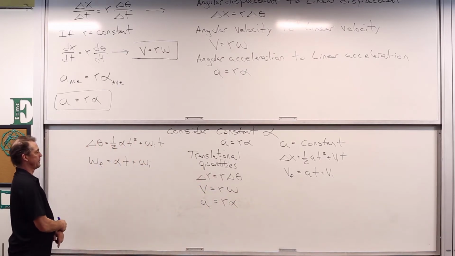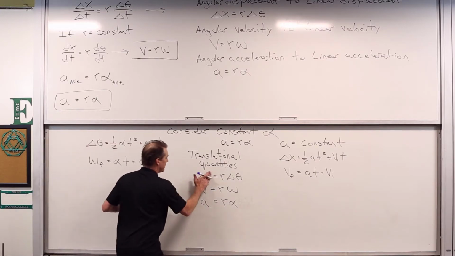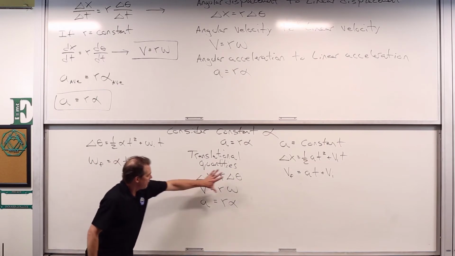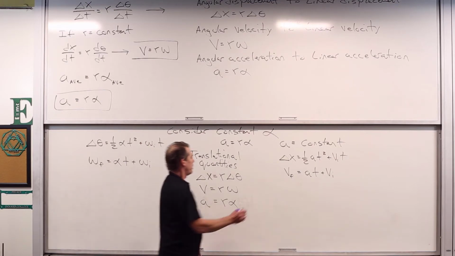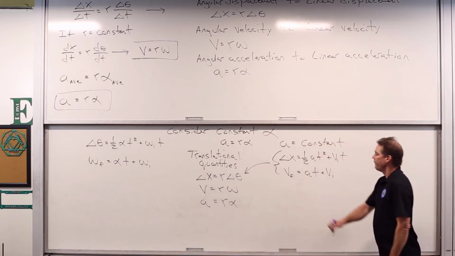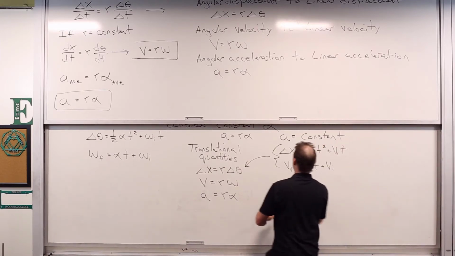What happens if I put in these for delta x, v, and a over there? I'm going to substitute in those values for the delta x, a, and the v's. So let's take this first one.